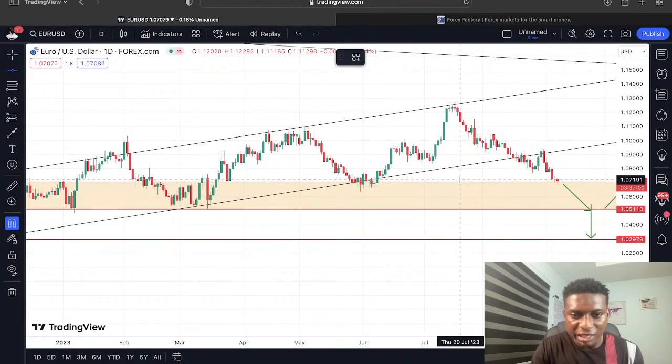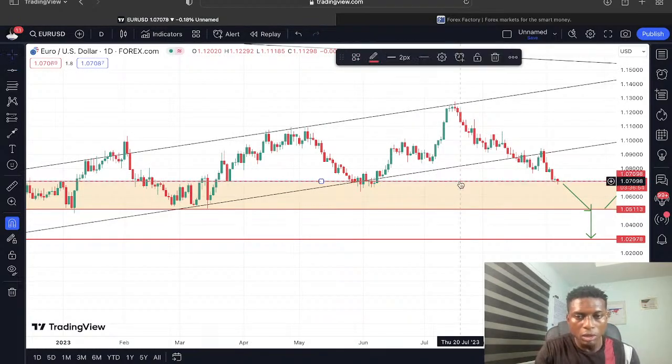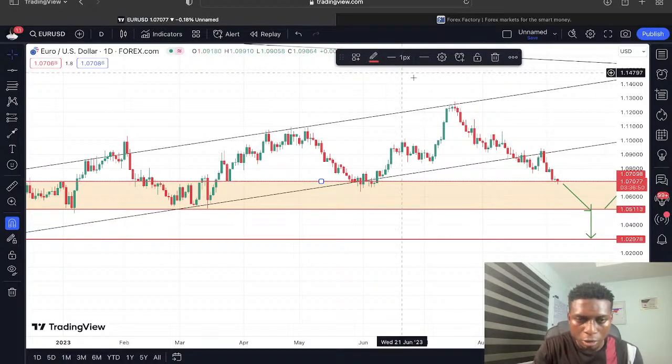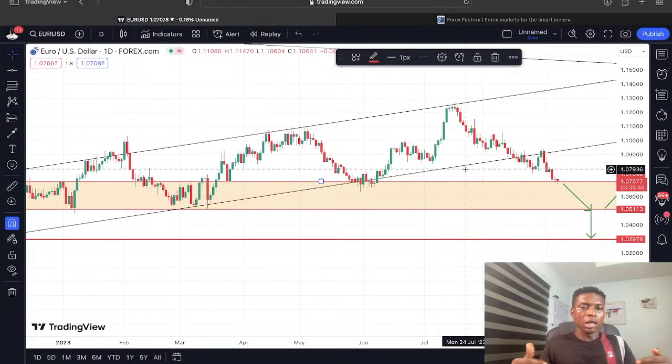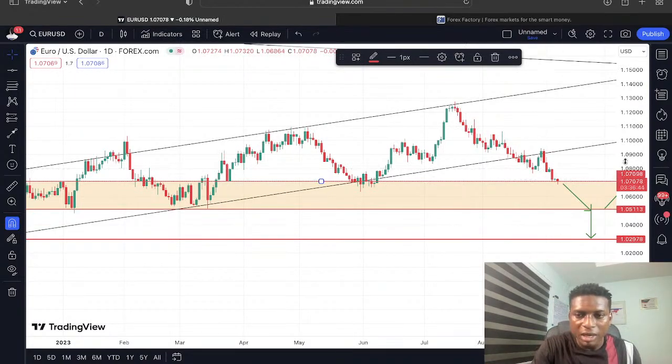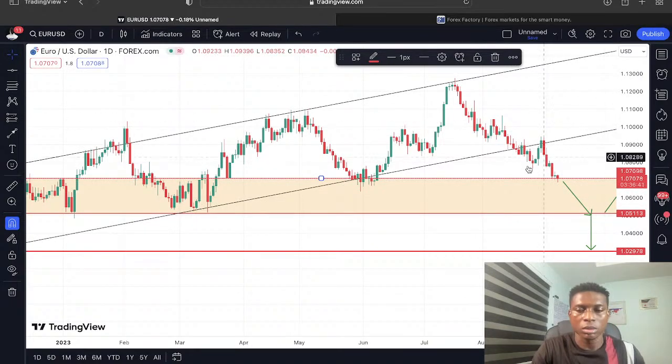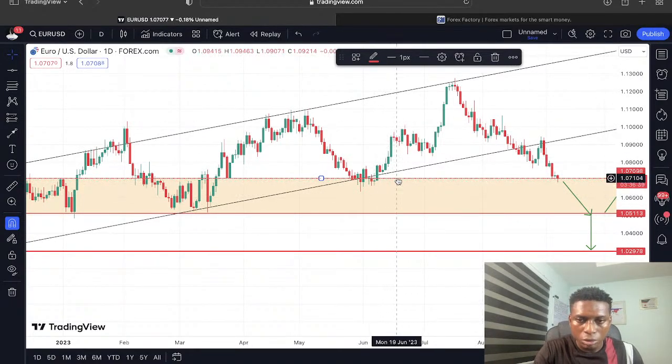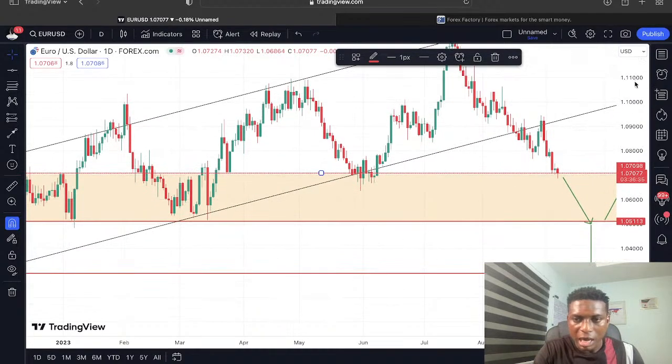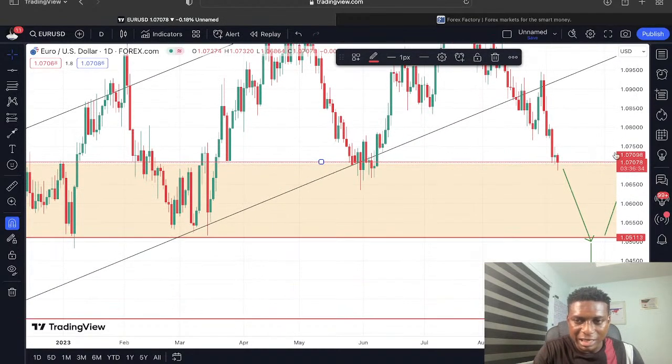So if you look closely here, price is sitting on a minor, I call it minor because it's in between the trend line. All right, so it's sitting on a minor support zone.